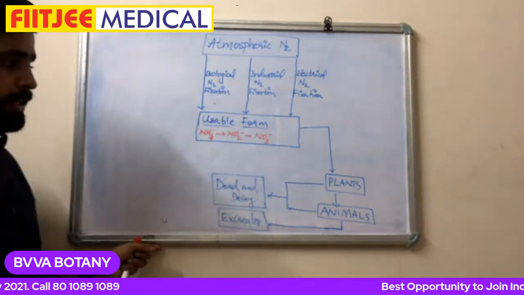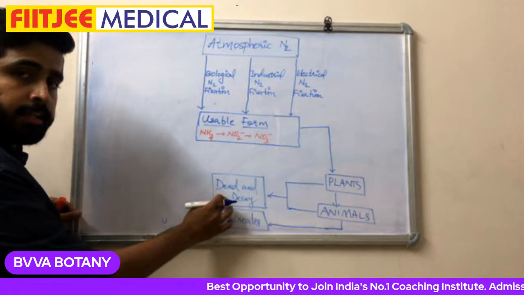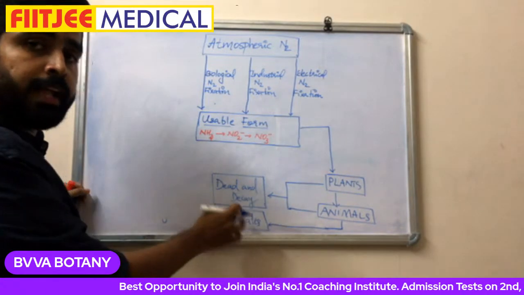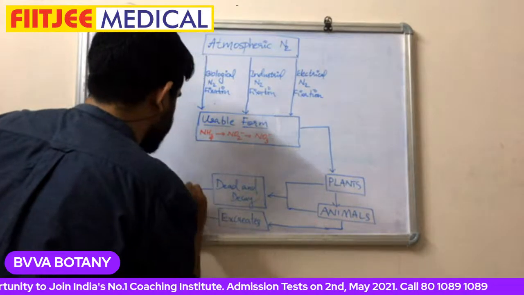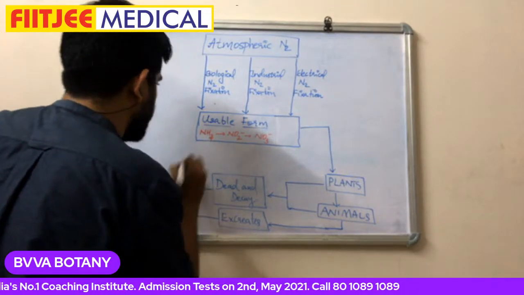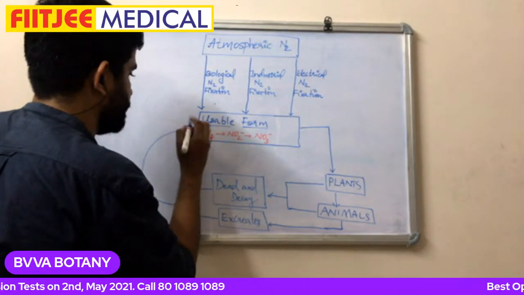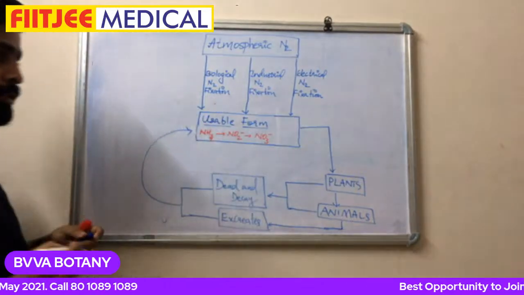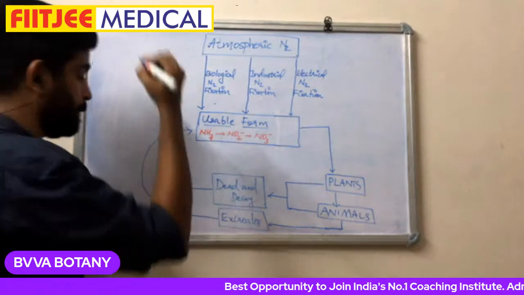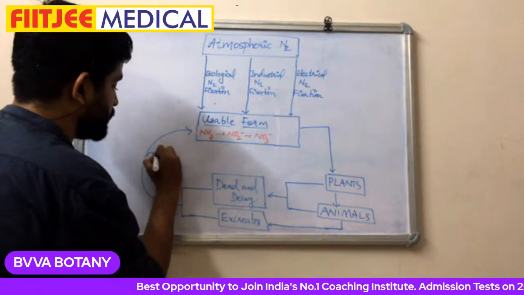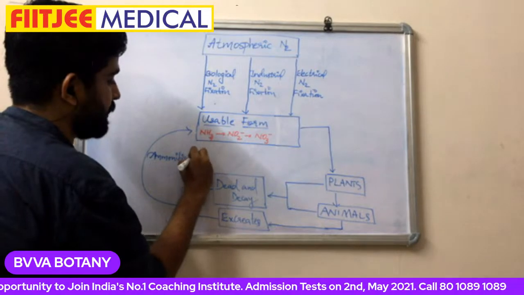Now, this dead and decayed component will have nitrogen, as well as the excreta also will have nitrogen. So these compounds will be converted back to ammonia, and that process of conversion of nitrogenous compounds back to ammonia is done by the ammonifying bacteria.